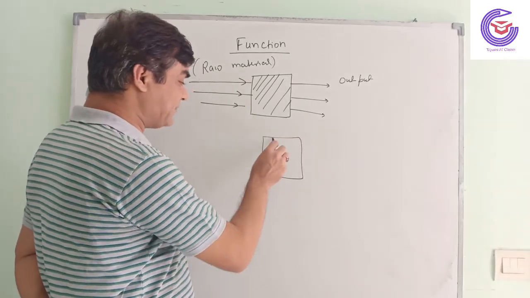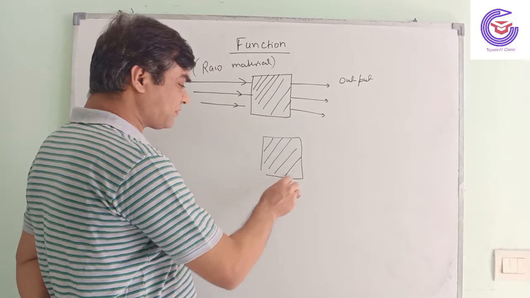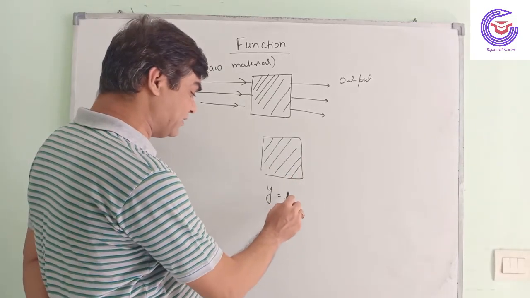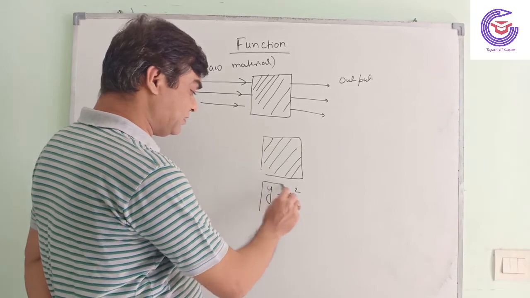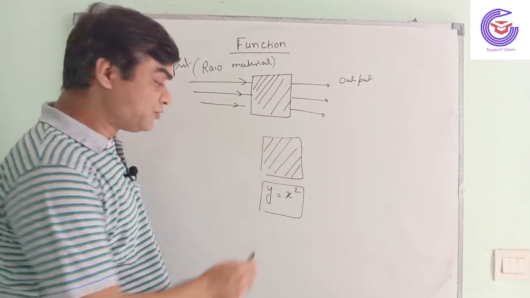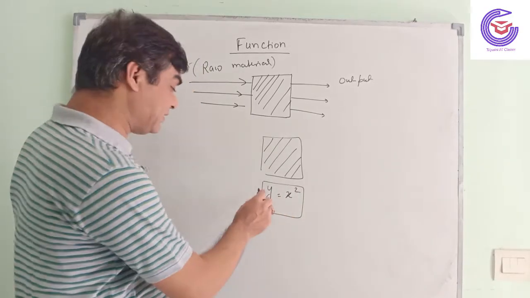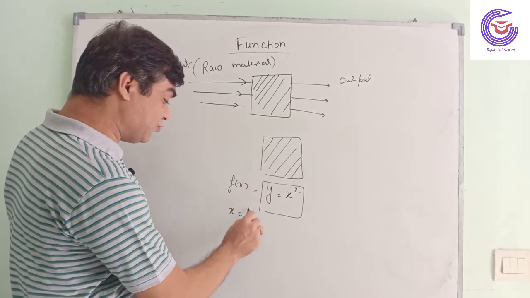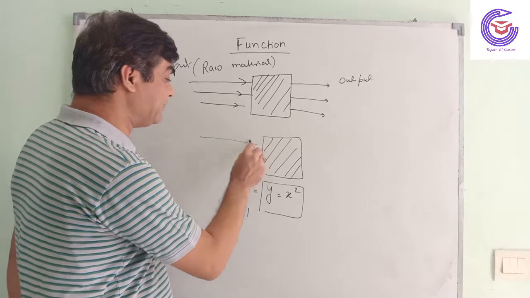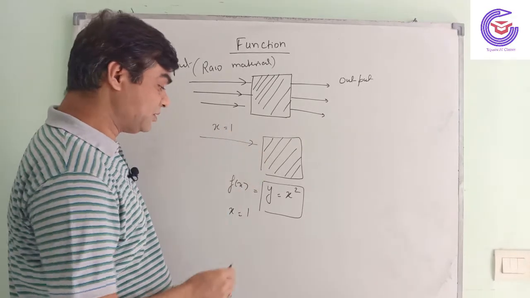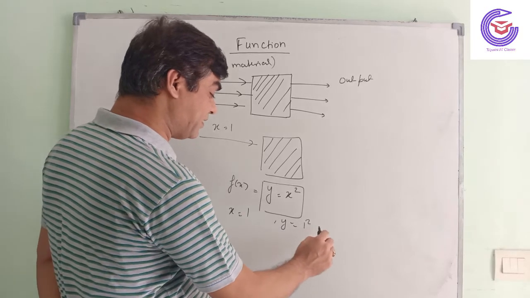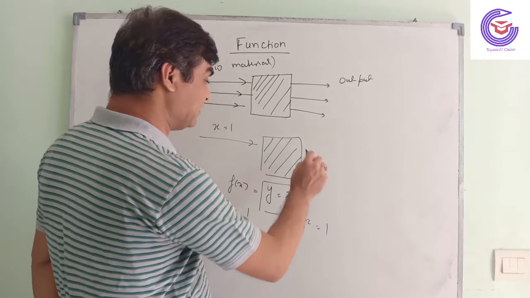You basically define some function. Let me take a very simple example. Suppose it is y is equal to x square. So here y is equal to x square. If you put x is equal to 1, here the input is x is equal to 1, so you get output as y is equal to 1 power 2, that is 1.